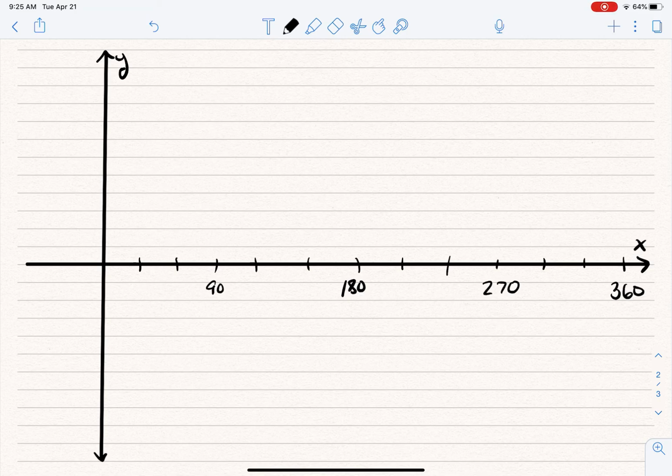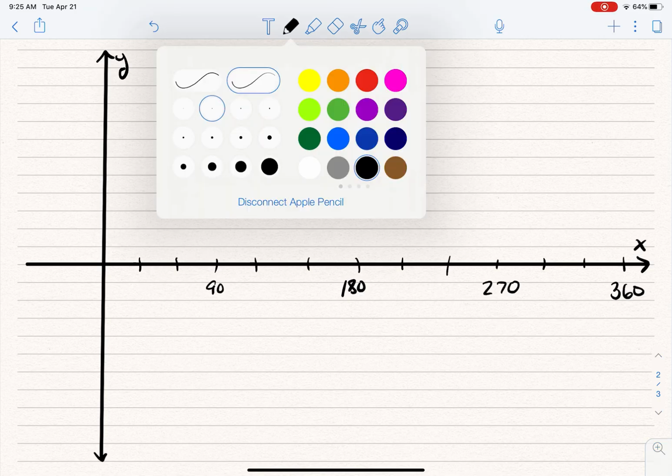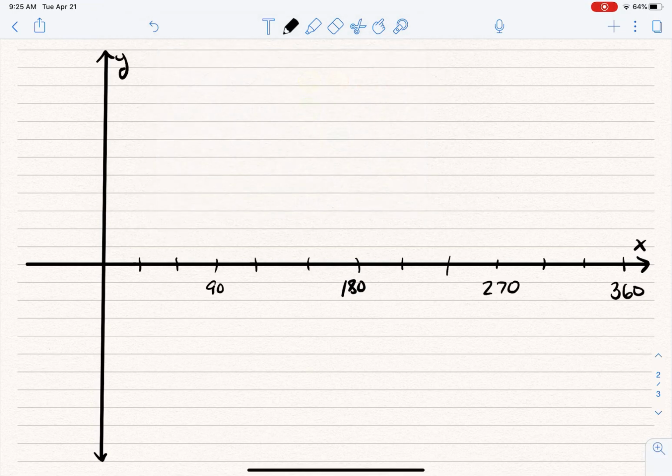Now I'm going to start running out of room, so it's going to have to start getting really small. So this right here is 30 degrees. This is 60 degrees. That's 90. This is 120 and 150, and that's 180. And this is 210 and 240, and there's 270. And then this is 300 and 330.